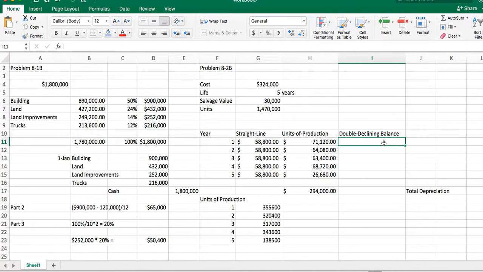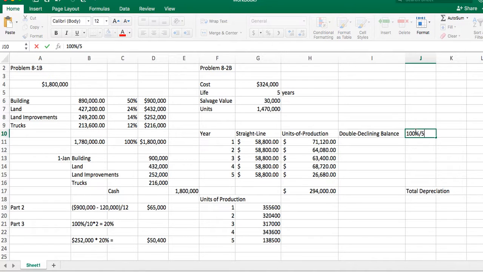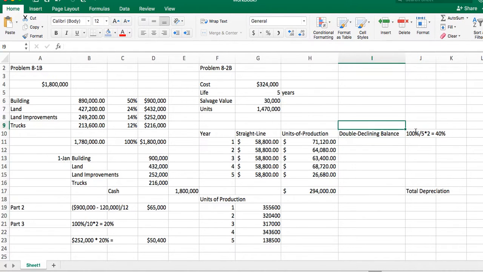Okay, double declining balance method. To do this one, first of all, we want to come over here, and it's 100% divided by 5 years, times 2, and that's going to give us 40%. So that's our amount that we'll use. And I'm actually going to change this a little bit so I can use my cell reference.